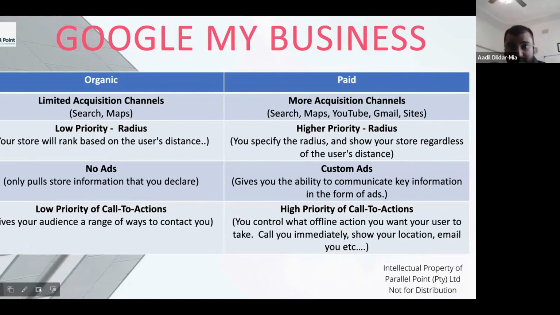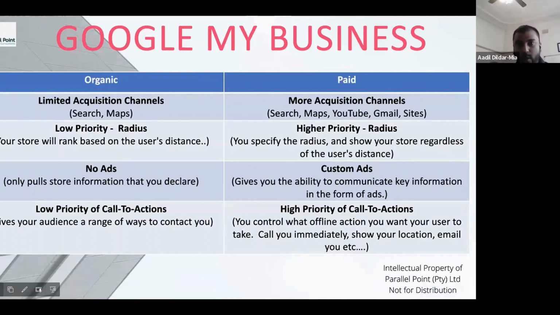But with paid ads, you can do custom ads where you can add in more calls to action and more important business points to the particular ad as well. And I'll show it to you in the next slide as well. And in terms of calls to action, it is a little bit low on the organic side, but with paid, we have more control over what type of calls to action we want that user to take, whether it's website, directions, email you, phone you, generate higher phone calls.